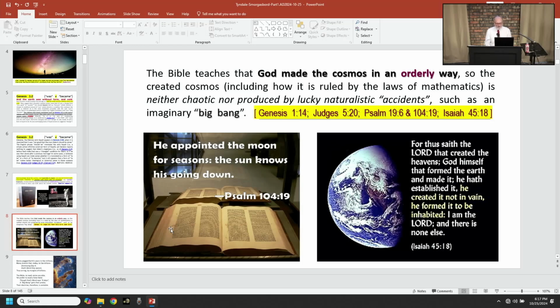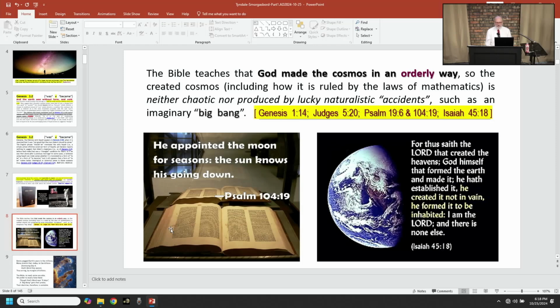In the meantime, we'll think about how God also made the cosmos in an orderly way. And so it makes sense that the nations and the people in the nations that took the Bible very seriously are the same people and the same nations who ended up becoming leaders in what we now call science and mathematics and technology.